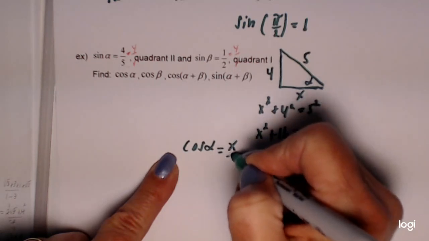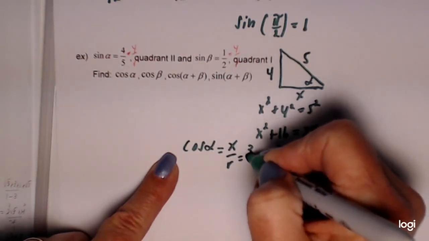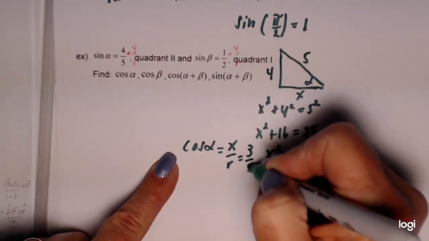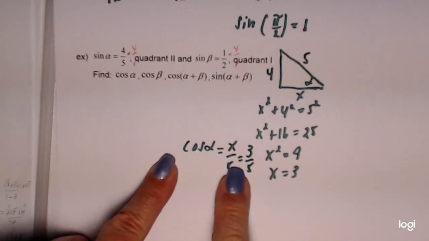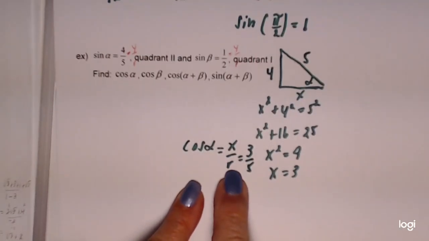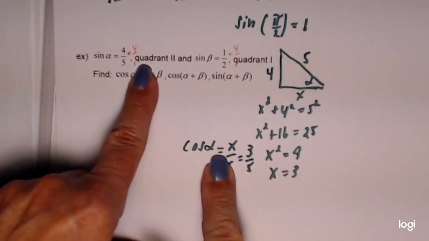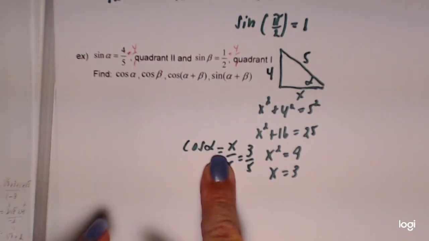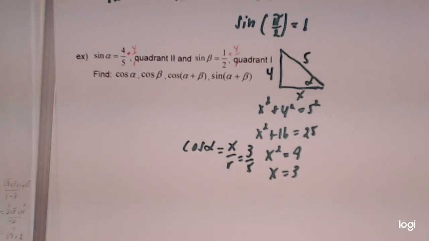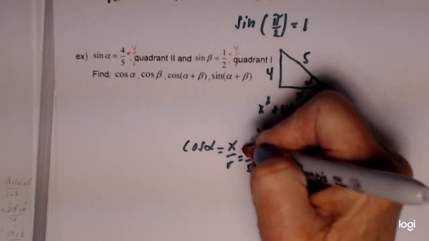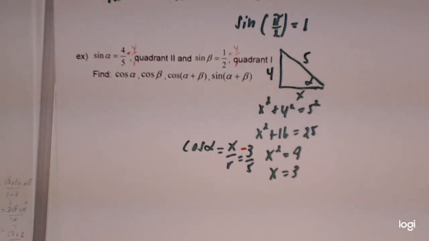So x over r, which is 3 over 5. But now we have to consider, is this going to be positive or negative? So going back up here, we're told that alpha is in Q2. And in Q2, our cosine is negative. So this is going to be negative 3/5.